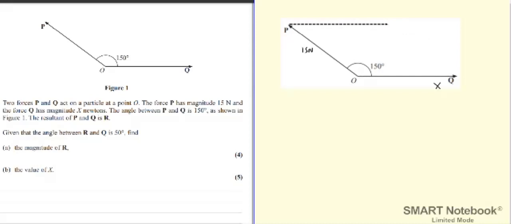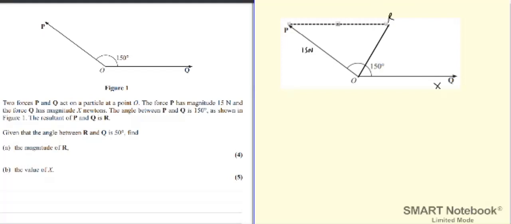So this is telling me that my force R, the resultant, would act in that direction there. That's how you figure out what direction your resultant is acting in, and I'm going to call that R.